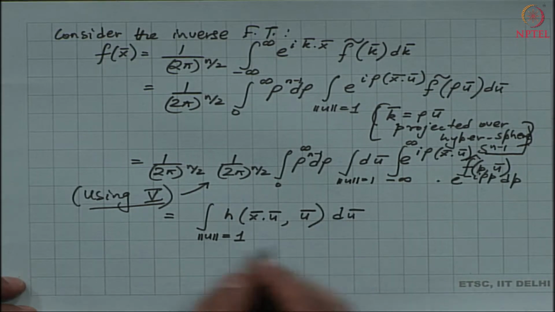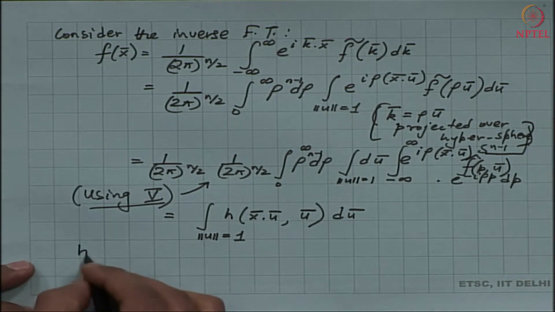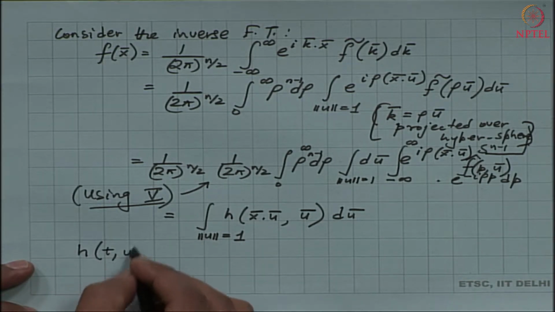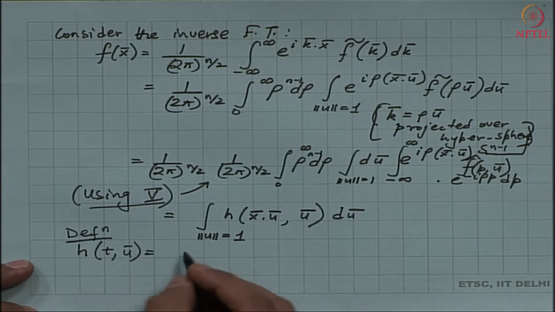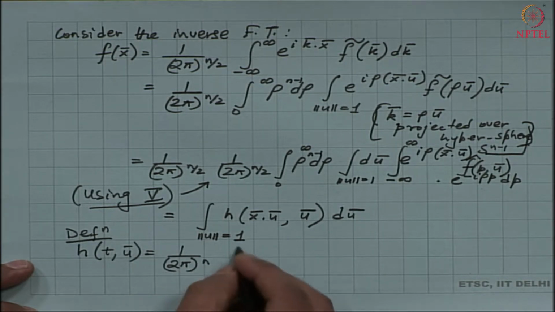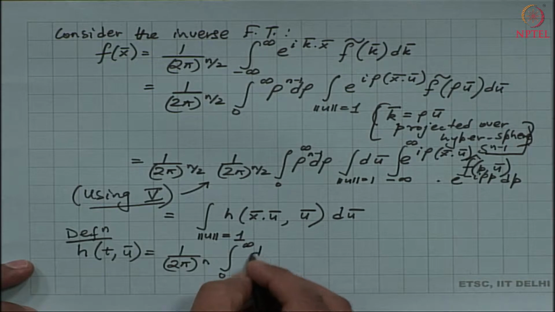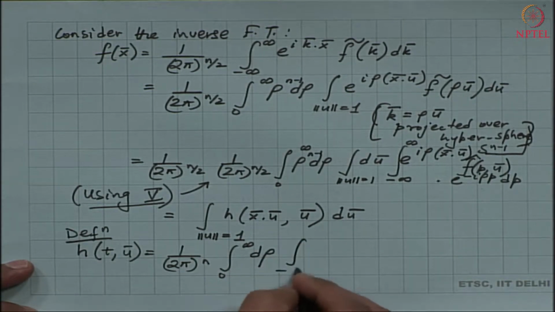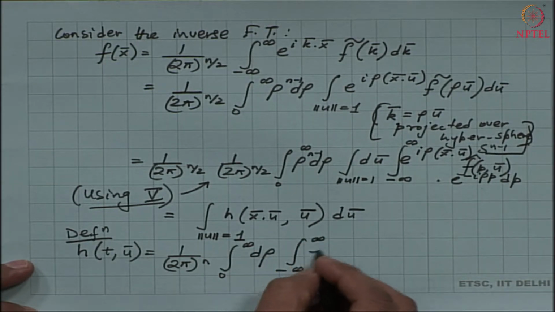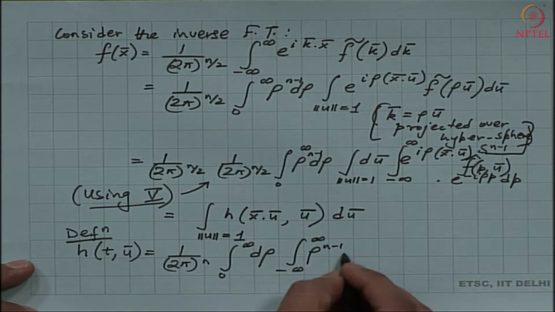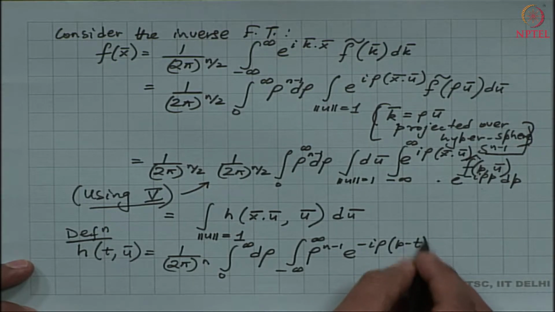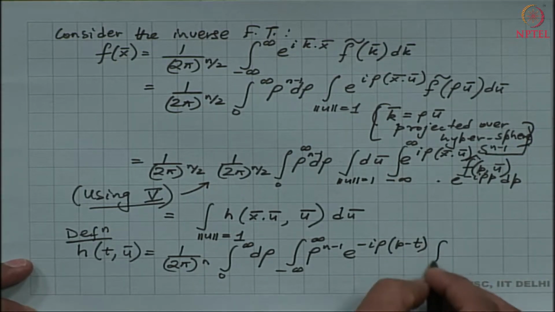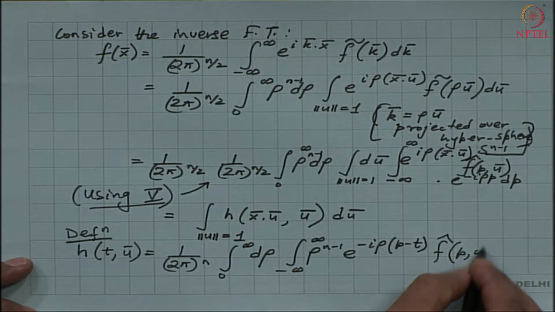Okay. So, let me define this function h of t comma u. My function h of t comma u is 1 by 2 pi to the power n, integral 0 to infinity d rho, integral negative infinity to infinity, rho to the power n minus 1 e to the power i rho times p minus t, times f hat of p comma u.